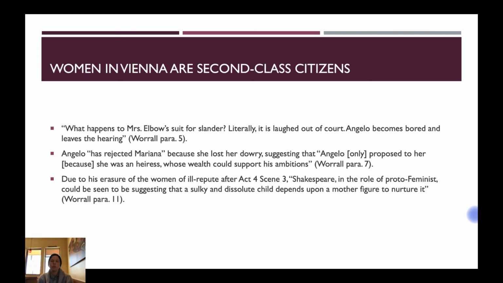All of these women who are going to lead Vienna down a wayward path end up being shunted out of the play, and the only people who are left are those who could potentially nurture it. People like Mariana, people like Isabella, who understand that human frailty that Fried was talking about, at least at this point in the play.